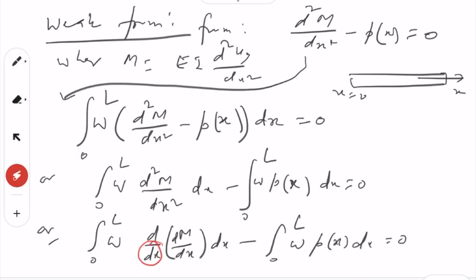The dx and dx cancel, so we have d of dM over dx. So we get w times dM over dx minus dM over dx times dw over dx.